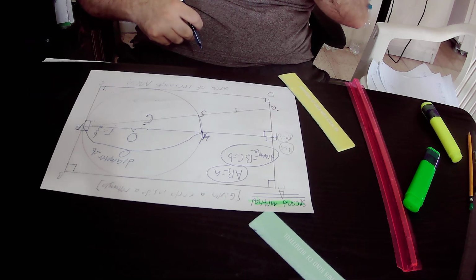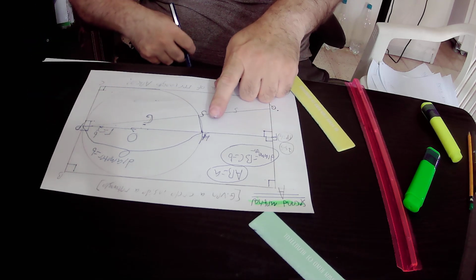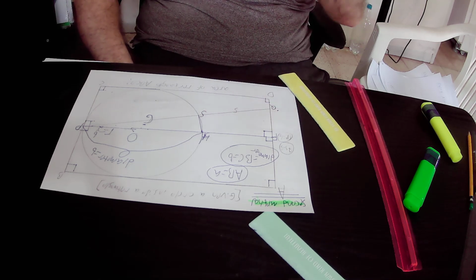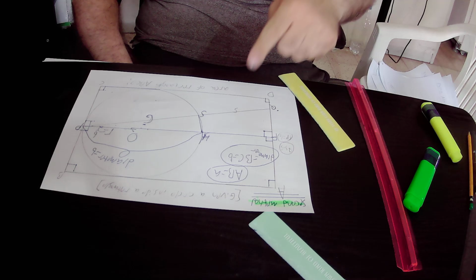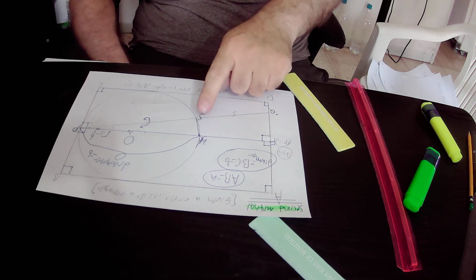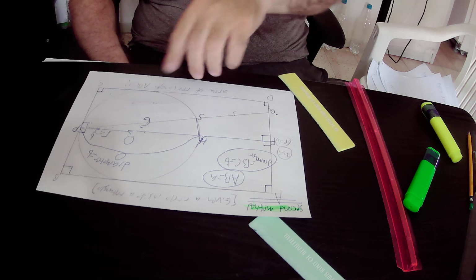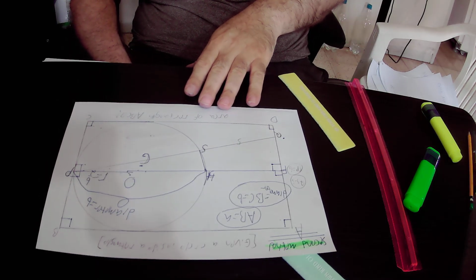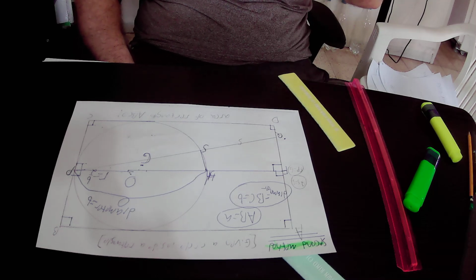Okay, in the next step, we join points H and S together, and in this way we created actually peripheral angle HSP. This peripheral angle HSP rests on HP, and HP is the diameter of the circle.